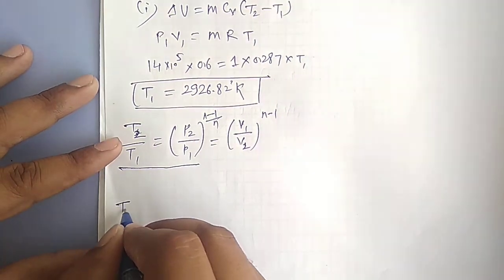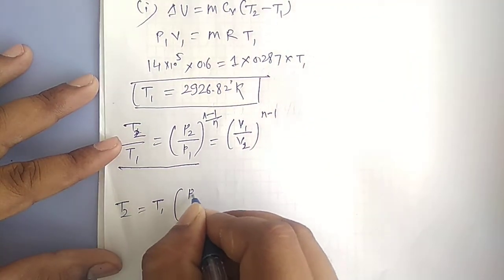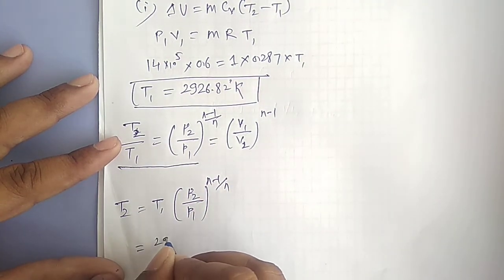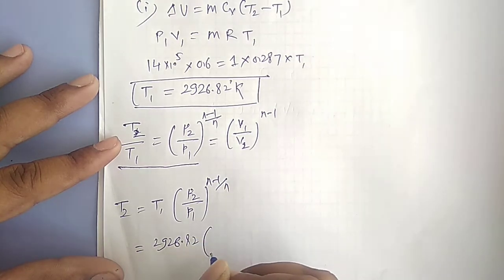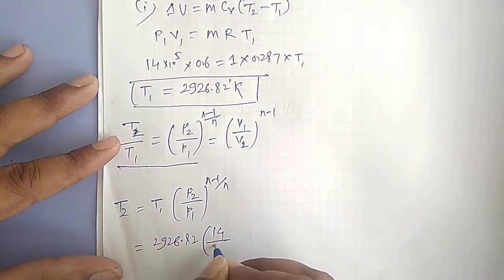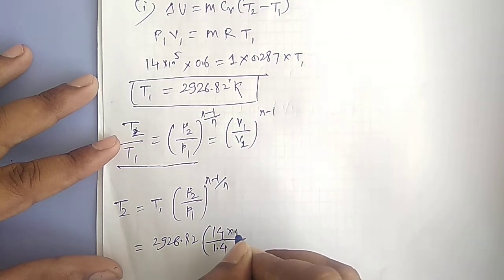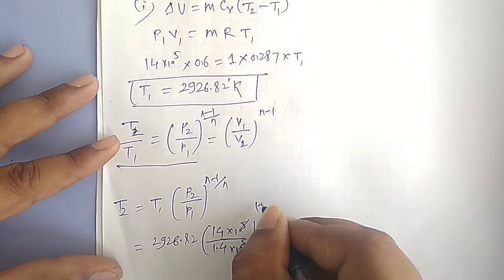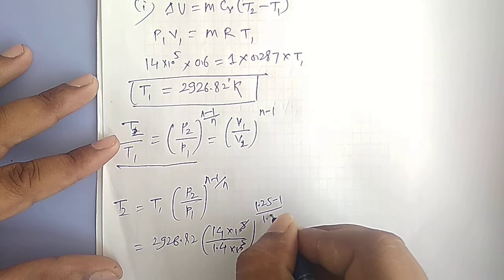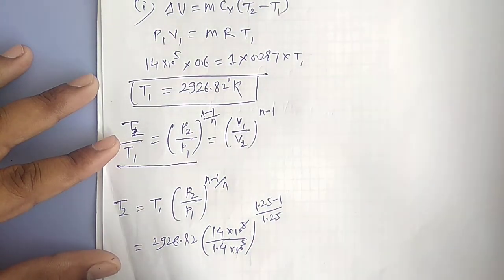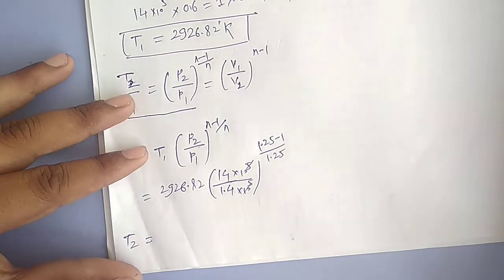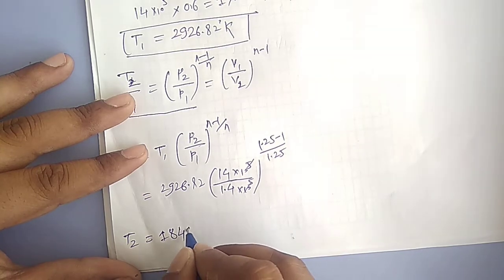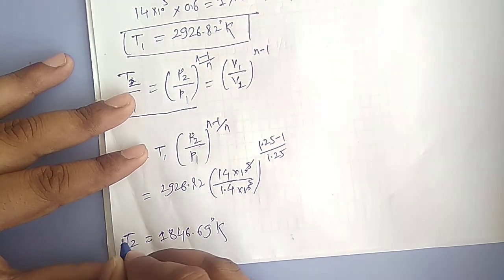So T2 is equal to T1 into (P2 upon P1) raised to (n minus 1) upon n, which is 2926.82 into (1.4 upon 14), where the 10 raised to 5 gets cancelled, raised to (1.25 minus 1) upon 1.25. So the value of T2 is 1846.69 degree Kelvin.